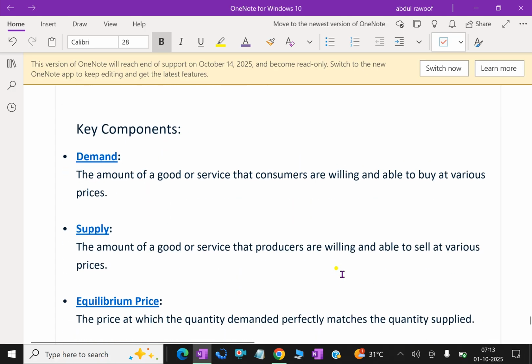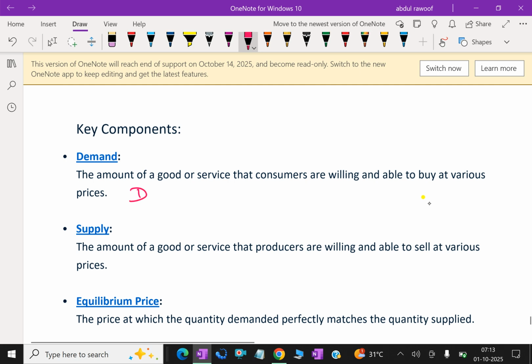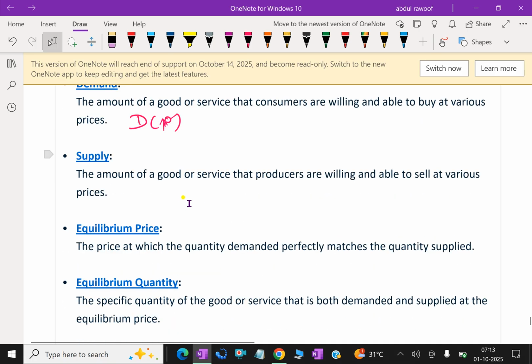Demand: the amount of a good or service that consumers are willing and able to buy at various prices. This demand function is D of P. And supply: the amount of a good or service that producers are willing and able to sell at various prices.